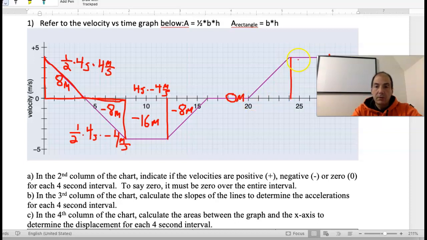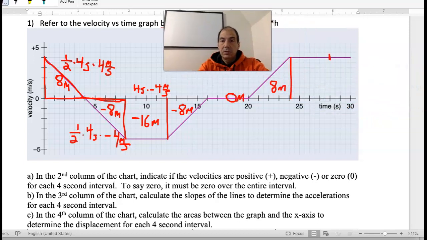Okay, so I have this triangle, which is just like this triangle. So the area is 8 meters. And finally, we're in this rectangle over here, which is like this one, except it's above the x-axis. So instead of being -16, it is positive 16 meters.